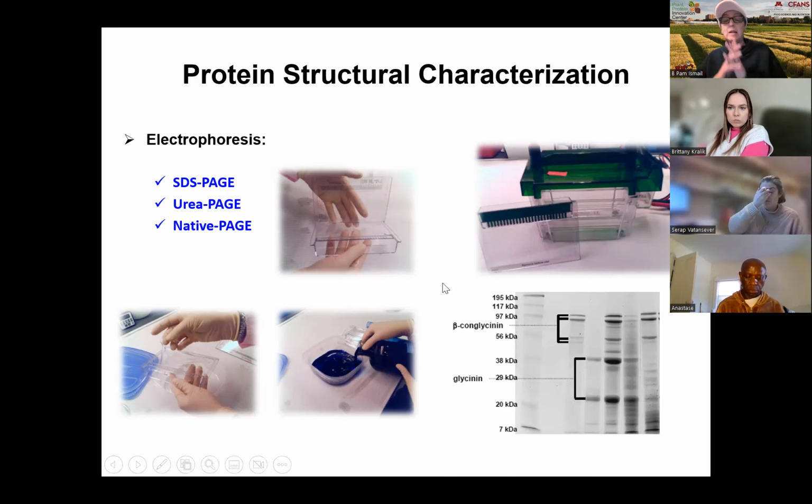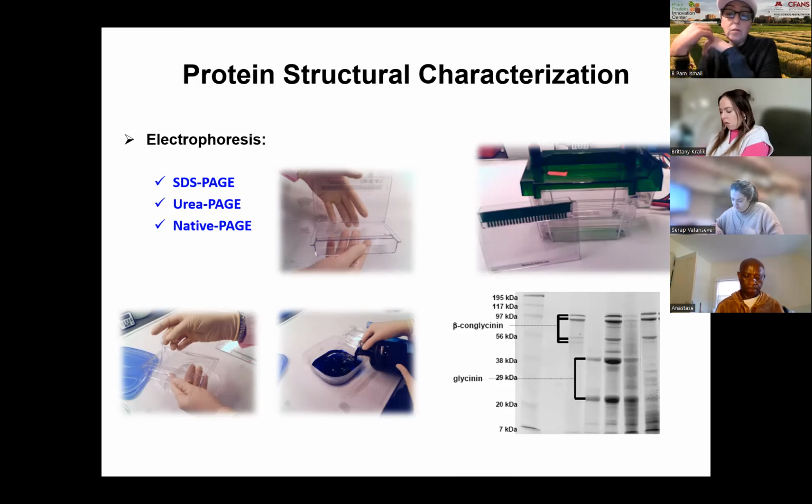So SDS-PAGE has a lot of applications: looking at hydrolysis, specificity of hydrolysis, polymerization, the range of molecular weight of your protein, and the profile of the proteins in your mixture or in your sample. So lots of applications, very useful.